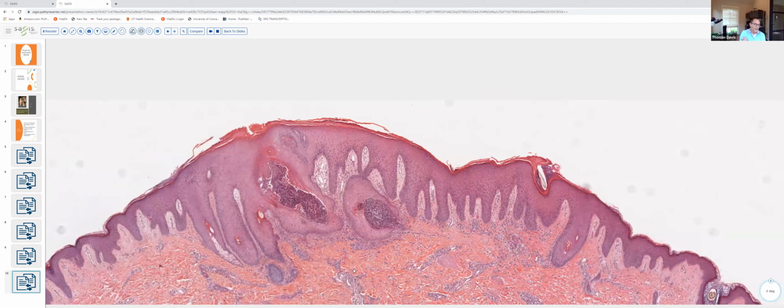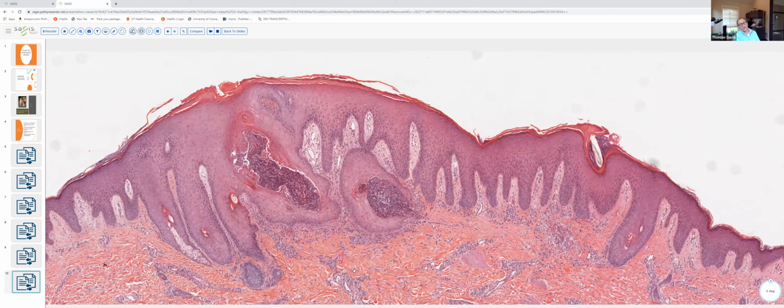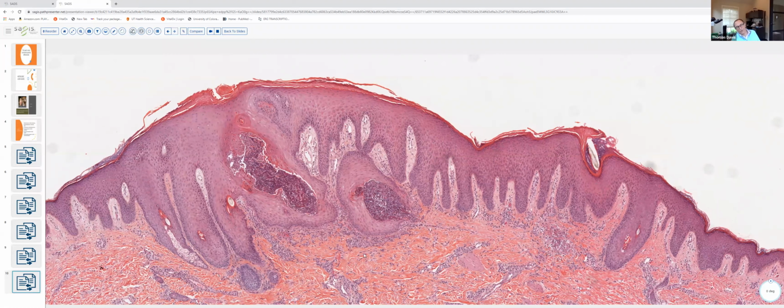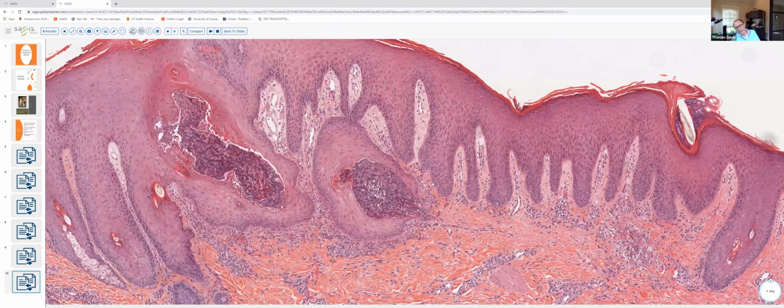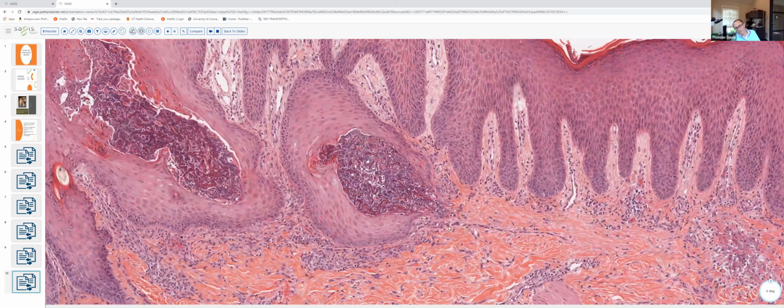For one thing, the transepidermal elimination channel in elastosis perforans serpiginosa is typically more narrow and tortuous, and it tends to course through, as you can see here, a hyperplastic epidermis. Frequently, one will see little pinchers at the base of the channel. These kind of look like vacuum cleaners.